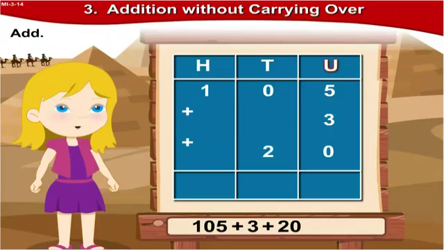Now, in the units column, 5 units plus 3 units is 8 units, plus 0 units would be 8 units. In the tens column, 0 tens plus 2 tens is 2 tens. In the hundreds column, we have 100, so we'll write 1, which means the answer is 1 hundred, 2 tens, 8 units. That is 128.